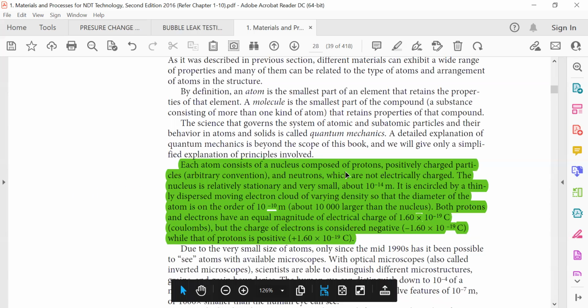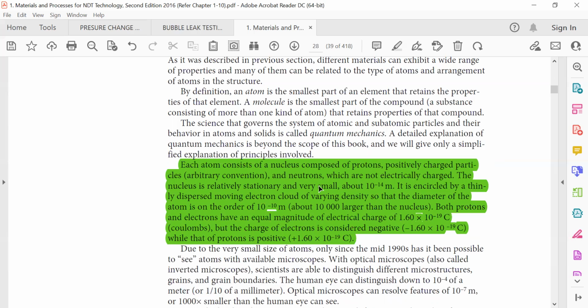Each atom consists of a nucleus composed of protons, positively charged particles by arbitrary convention, and neutrons, which are not electrically charged. The nucleus is relatively stationary and very small, about 10 to the power minus 14 meter. It is encircled by a thinly dispersed, moving electron cloud of ever-varying density, so that the diameter of the atom is on the order of 10 to the power minus 10 meter, so 10,000 times larger than the nucleus.